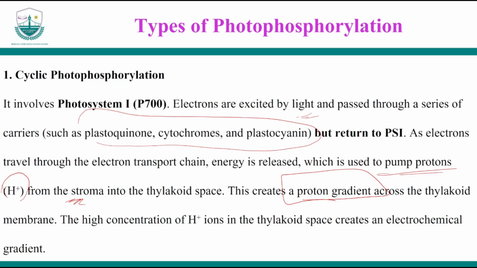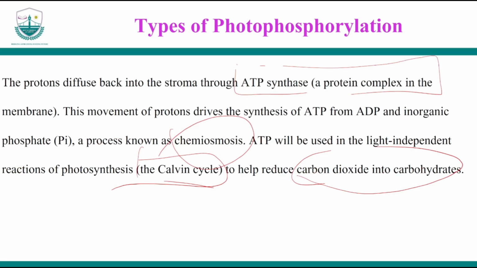As the electrons move back to photosystem 1, they release energy, and that energy is sufficient to cause the proton pump. That proton pump creates a proton gradient, and because of this, you will have high proton concentration in the thylakoid space, and this creates an electrochemical gradient.